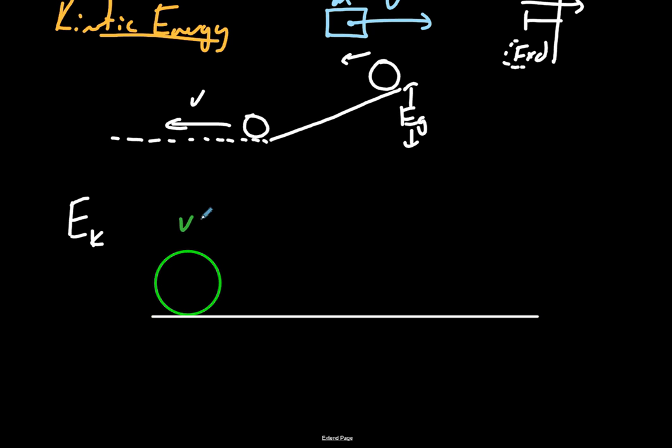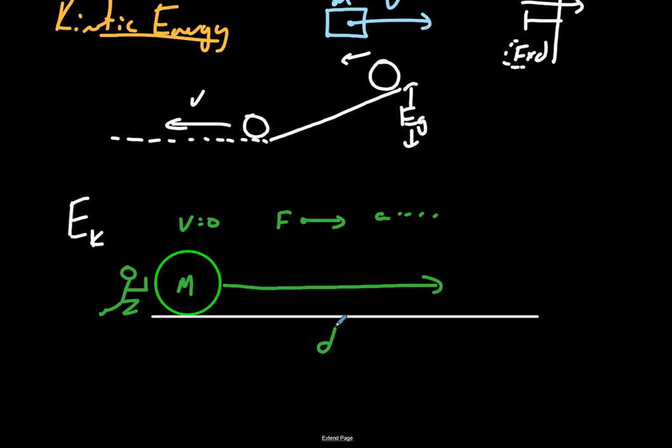So it's an object sitting still, v equals 0. Then I start to apply a force to it by, say, pushing it. Because we have a mass here, it will accelerate. It'll speed up, and it'll cover some distance. We'll call that D, some distance while it's accelerating.